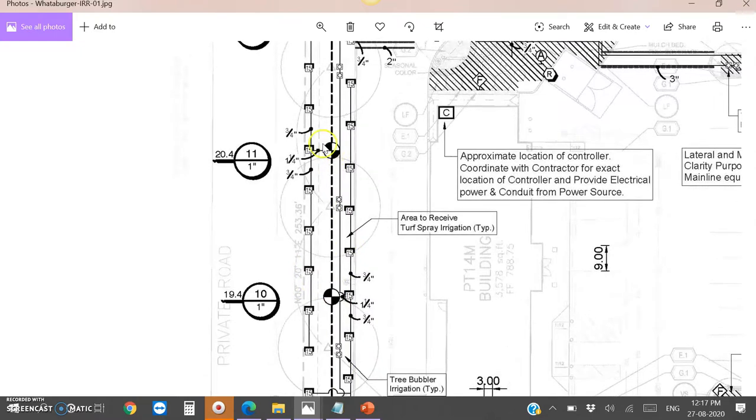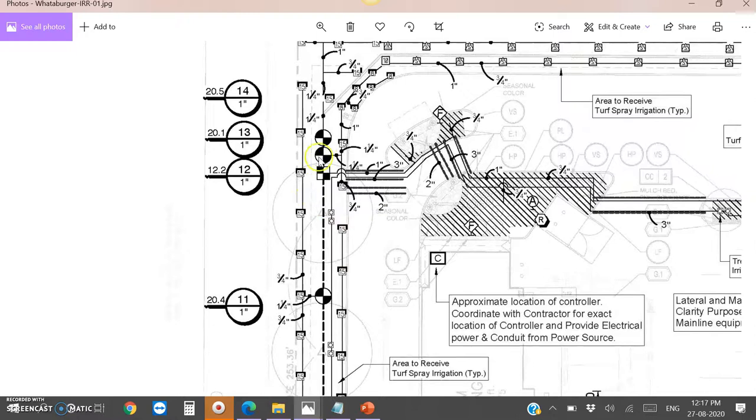Similarly, we have connected this whole spray into this zone, and this whole spray into this zone, and this whole spray into this zone. So keep that in mind whenever we are designing irrigation. Zoning is a very important factor for every irrigation professional. And for these drip zones, we have connected a different drip valve assembly.